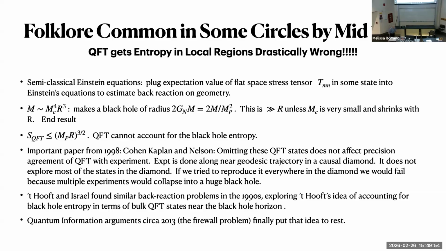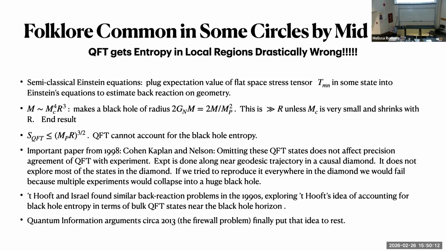So this suggests that quantum field theory is drastically wrong in its picture of what the typical quantum states are in a region of space-time. Now, how can that be?